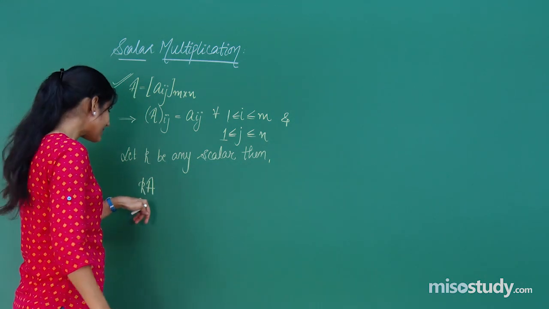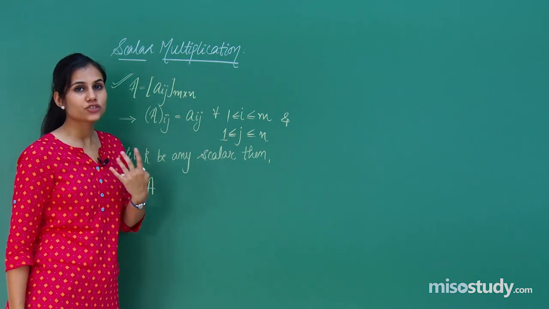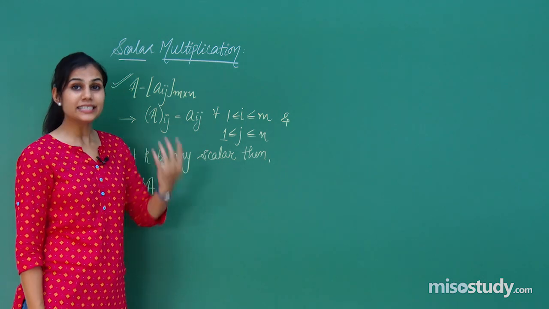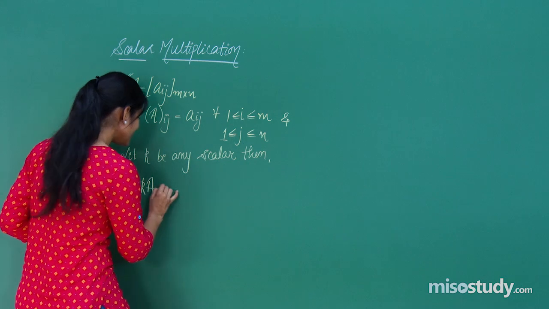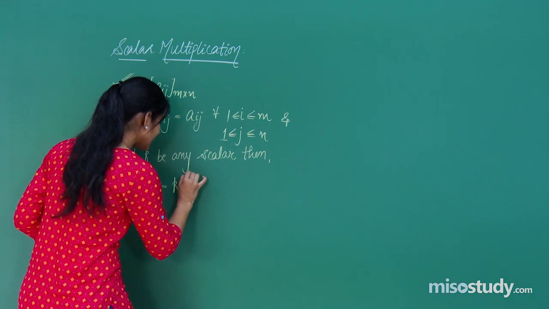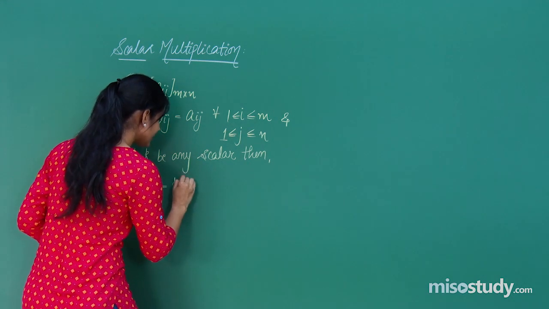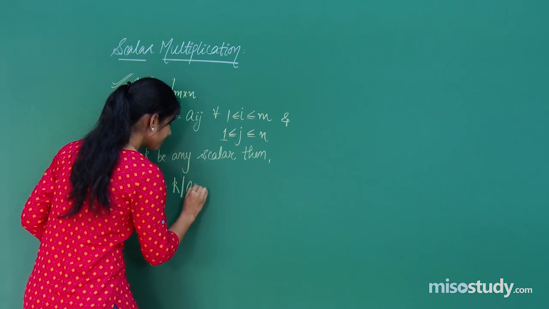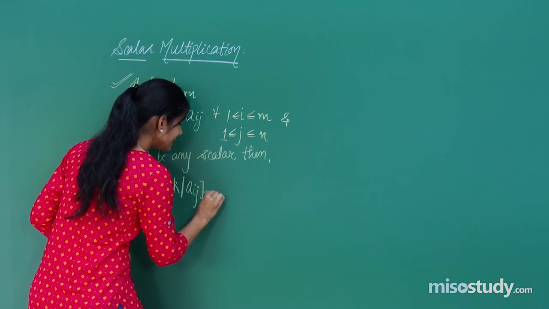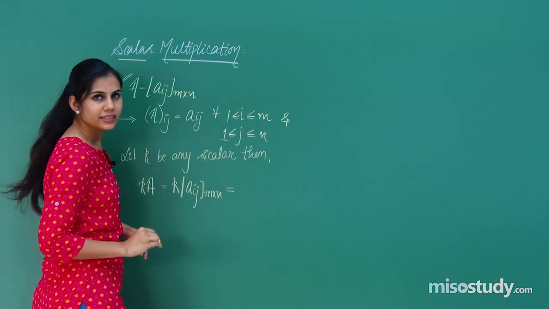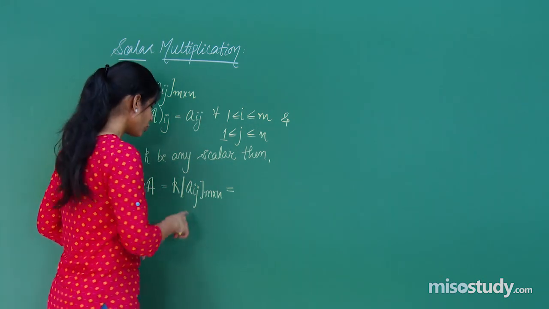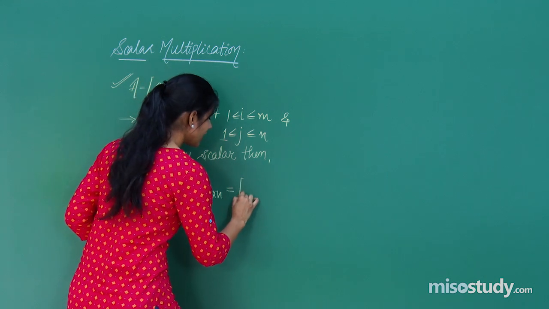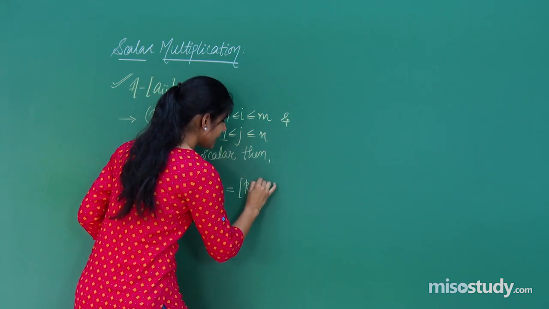Now multiplying a scalar with a matrix, what does it stand for? It means multiplying each and every member of this matrix A by k. So aij is now going to become k times aij.